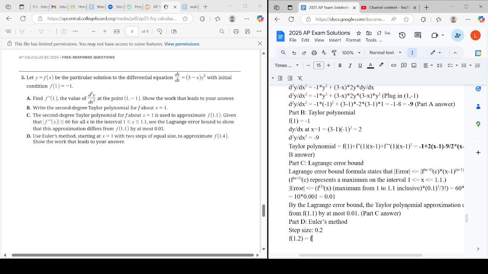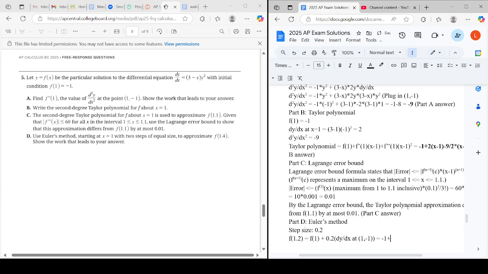So here we would do f of 1 plus 0.2, because that's our step size. We're not going negative like we did in the AB problem. Times dy over dx at 1, negative 1, and we found that already to be 2 from the Taylor polynomial.